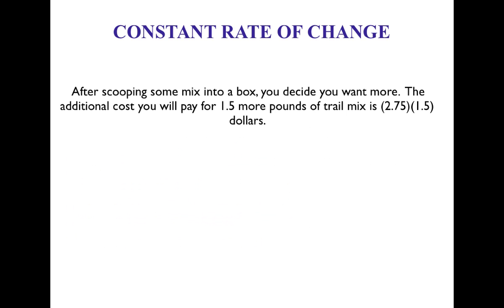Okay, so same thing. Now after scooping some mix in your box, you decide you want more. The additional cost you pay for 1.5 more pounds is 2.75 times 1.5. So define these in this particular situation. Define and give the value of these. Go.